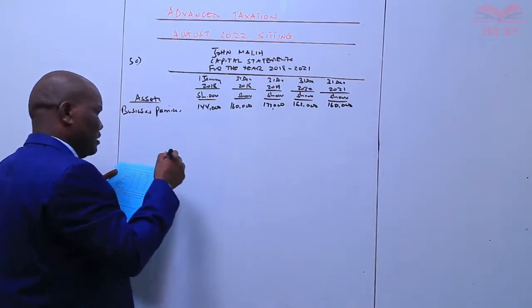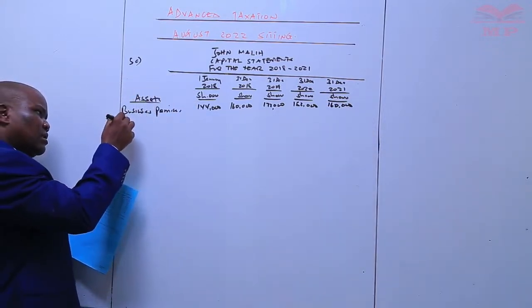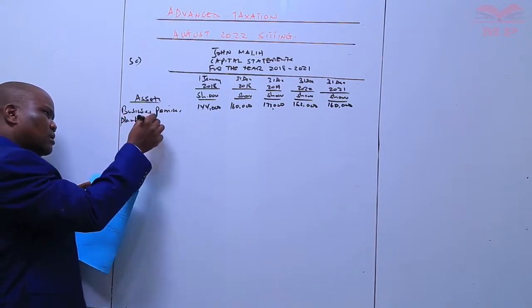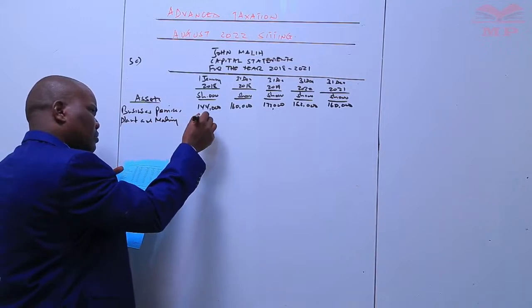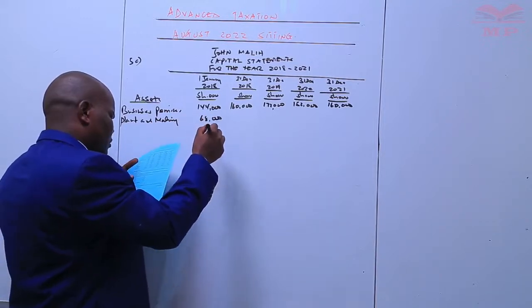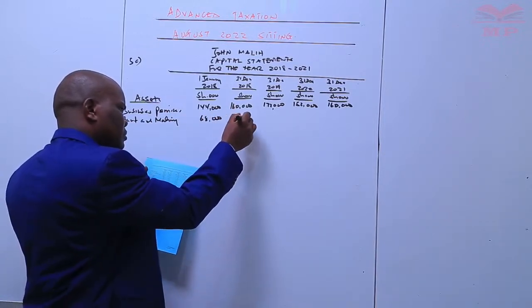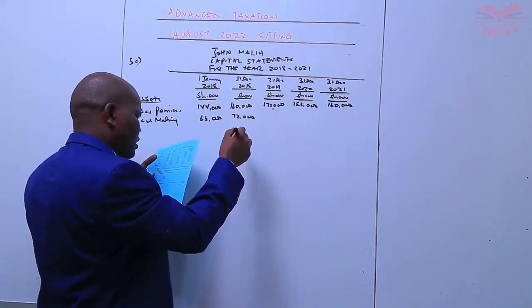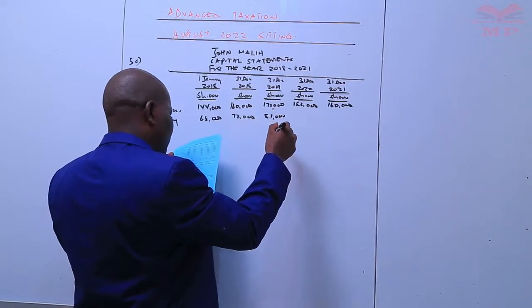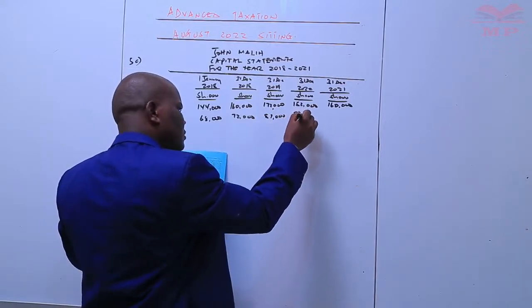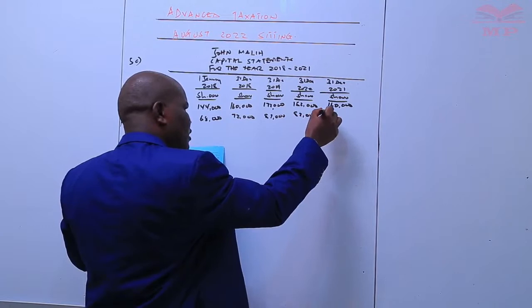Two, we have plant and machinery. Plant and machinery are assets, 68 million, 72, 87, 82, and 92.